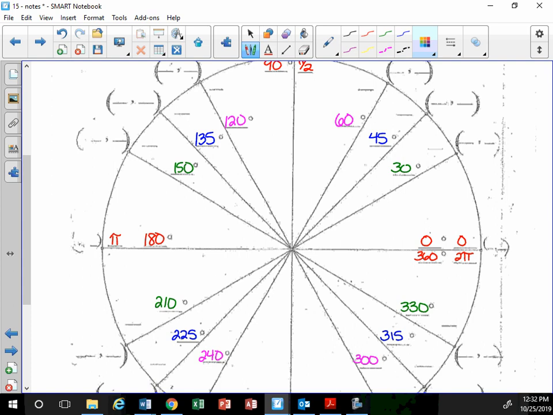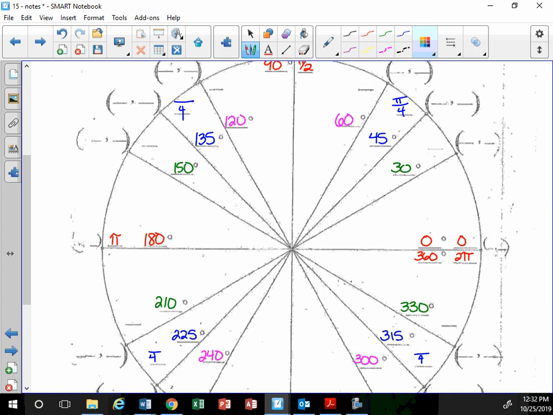Like, this is 0, this is pi over 2. What's halfway in between? Pi over 4, yeah, so we're going to do all of the over 4s. So every blue one, I'm just going to say, okay, over 4, over 4. And then all I have to think about is what the numerator is going to be.